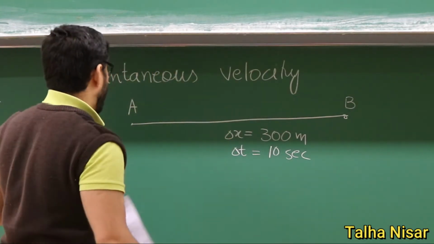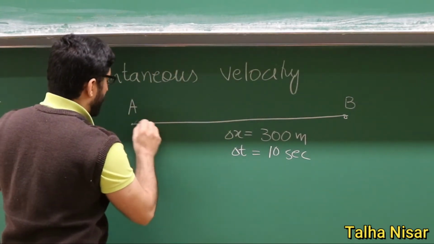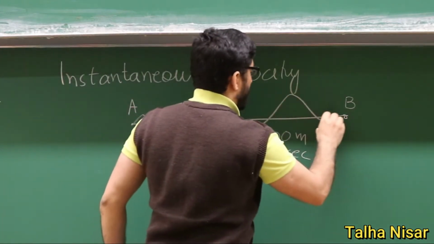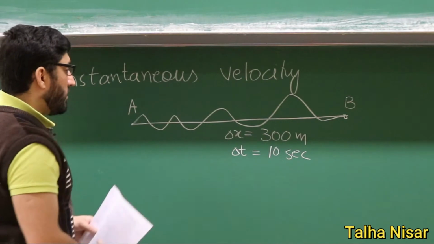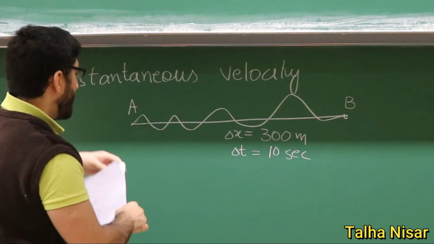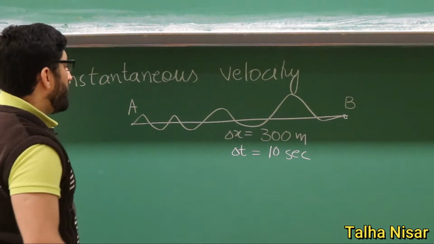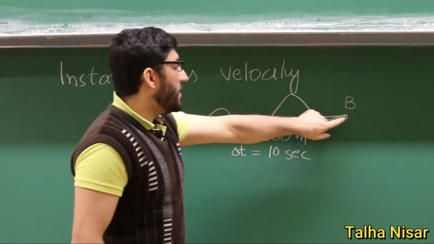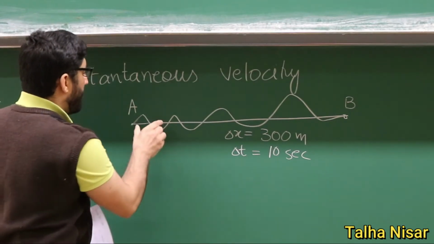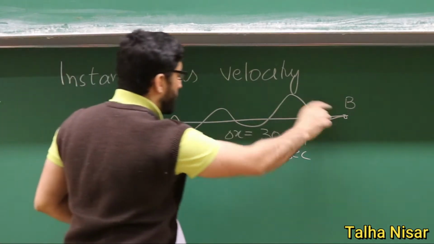For example, if the car is moving in a random direction, still for the average velocity we just need the displacement between these 2 points. But we never know what's actually happening between these 2 points.